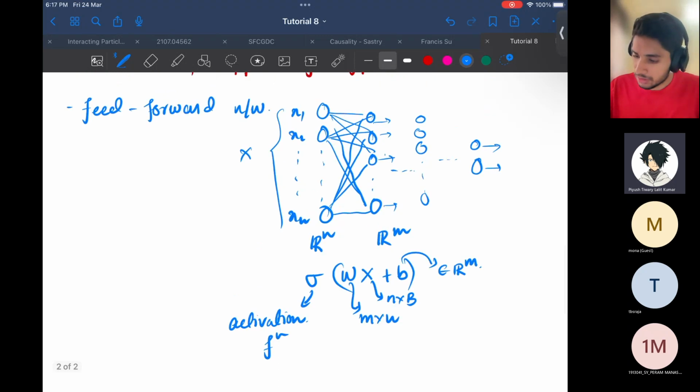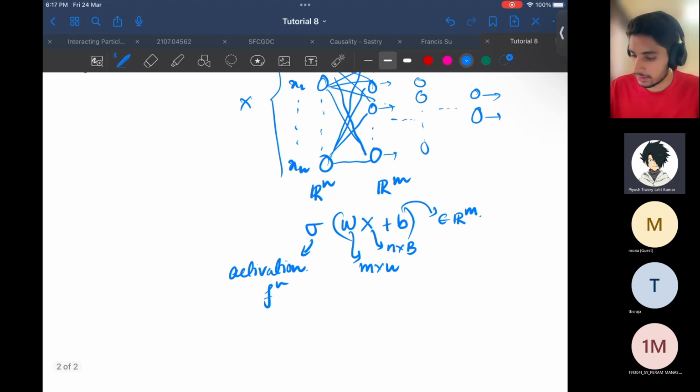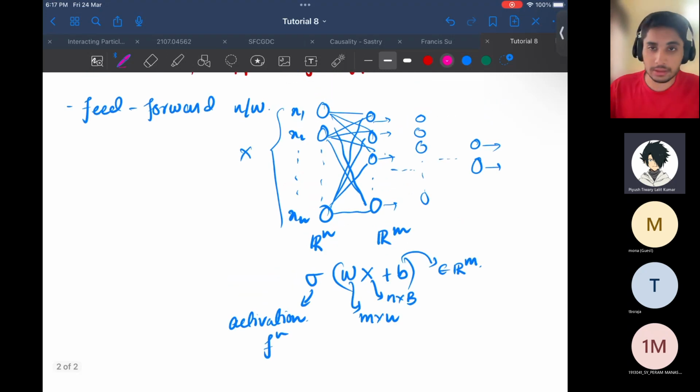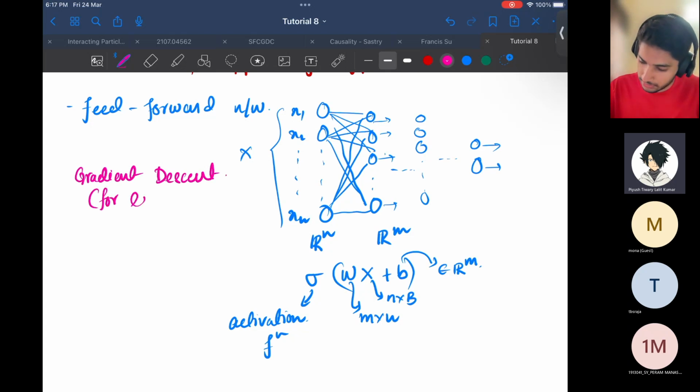Now, a natural question to ask here is, how do we learn things here? The thumb rule is that of gradient descent. By now we should be very familiar with gradient descent for learning.